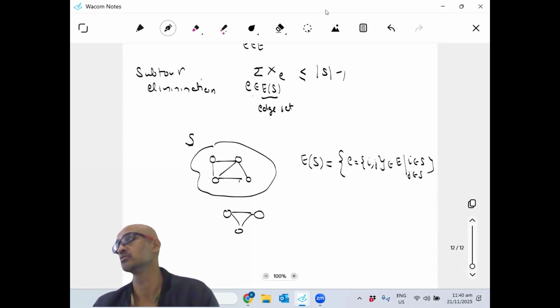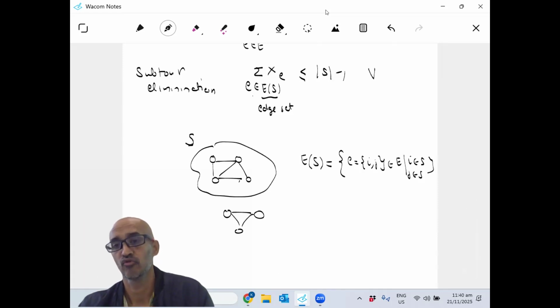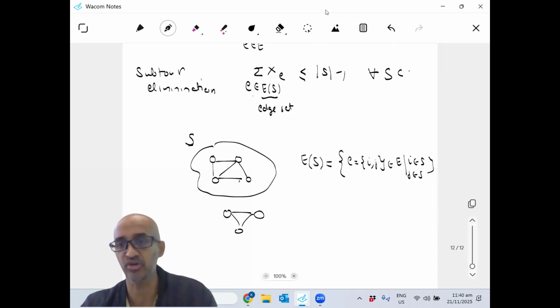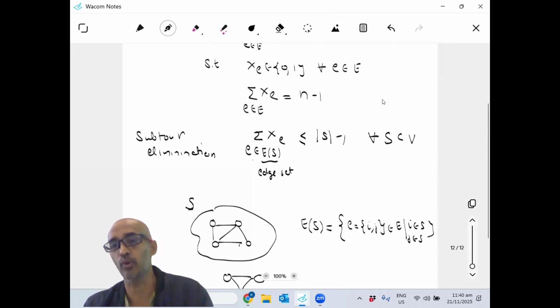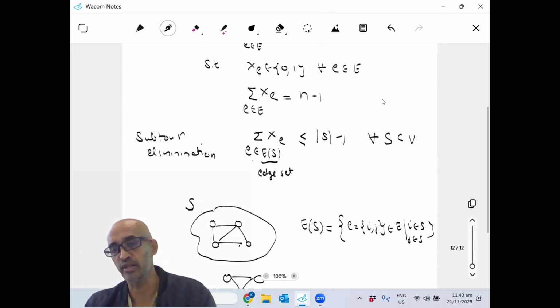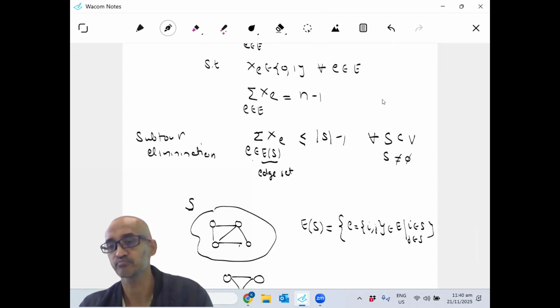You've formed a cycle. You have to choose 3 or fewer arcs for every subset of nodes, which is a subset of V. So when S is equal to V, these are all the edges. So I'll get this constraint. Of course, S is not empty set.